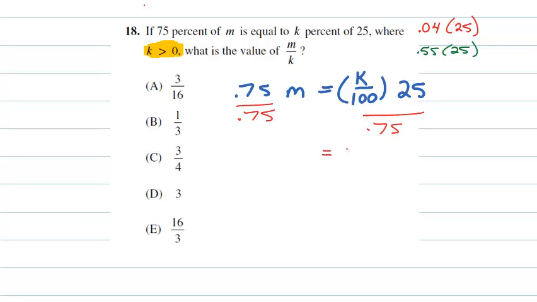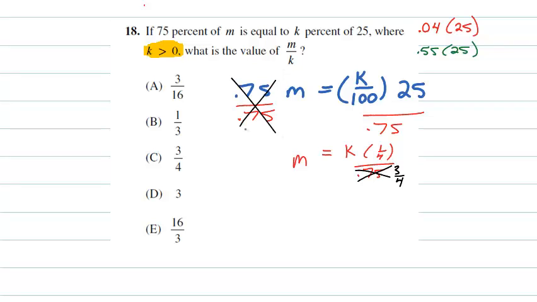So I really have k on the top, I have 1/4 on the top, and I have 0.75 on the bottom. And 0.75, well, that's 3/4. So I'll replace it as 3/4. And so far we have m on the left because the 0.75 is canceled out.